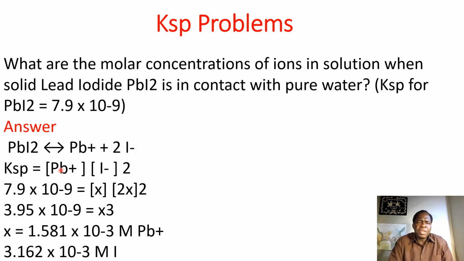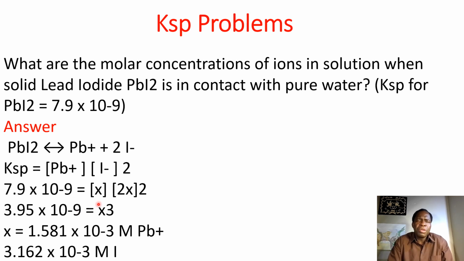So Ksp is equal to the concentration of lead ion times the concentration of iodide ion squared. If you start with x mole of lead iodide, you are going to have in solution x mole of lead ion and 2x mole of iodide ion. We use that to calculate the Ksp.